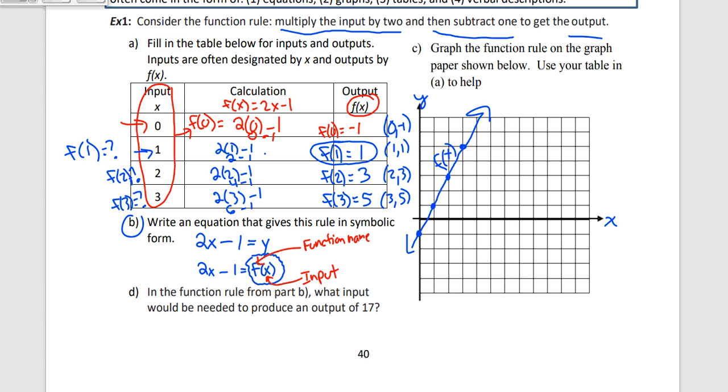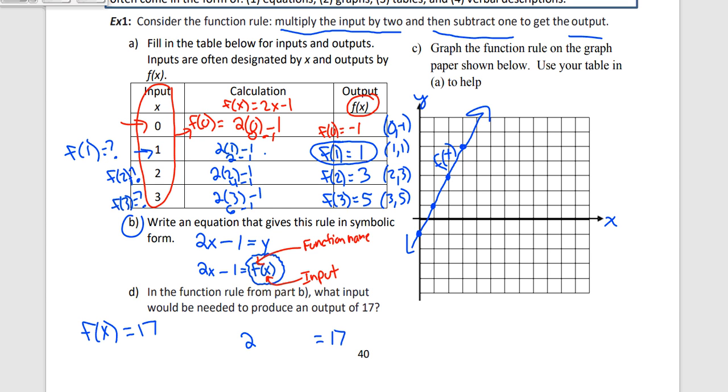So in the function rule from part B, what input would be needed to produce an output of 17? Do you hear those words? What input would be needed to produce an output of 17? They want to know f of what number equals 17. In my table, I'm going to get a 17 as an answer.